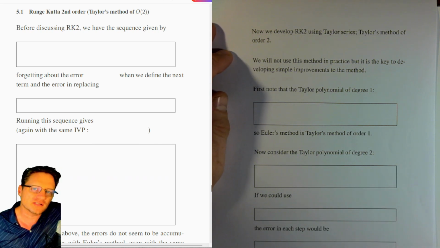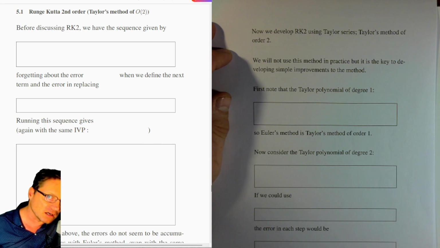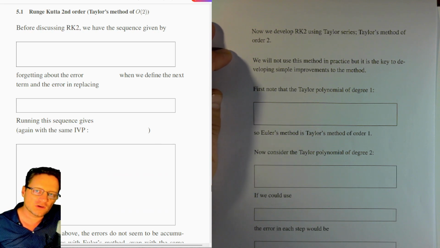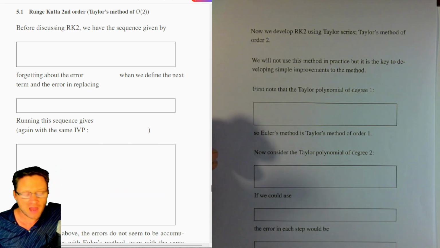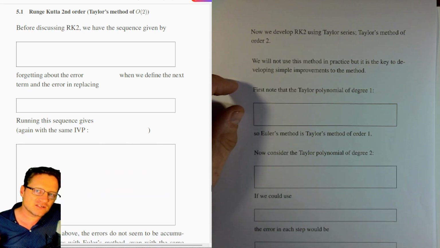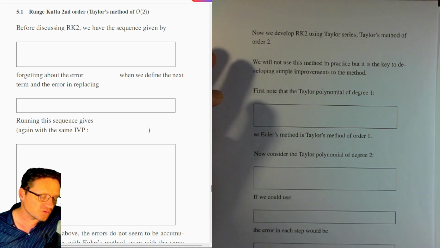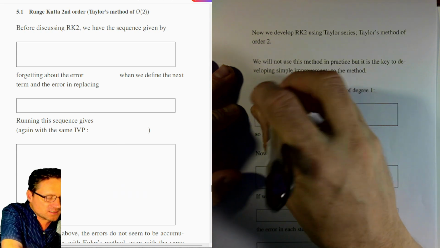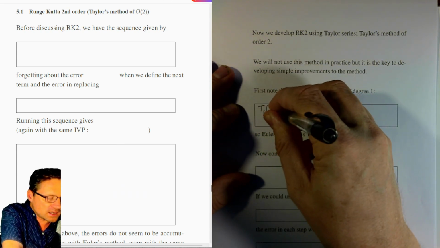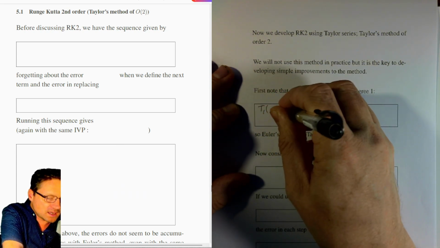And the reason to do this is so that you have a better understanding of how RK4 can be developed using a Taylor series of fourth order. So we won't use the method that we're going to develop now in practice, but it's the key to developing RK4.